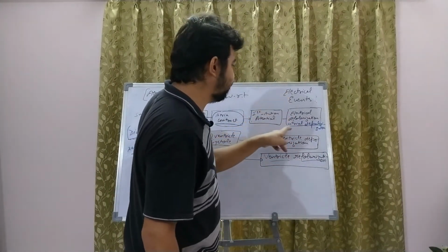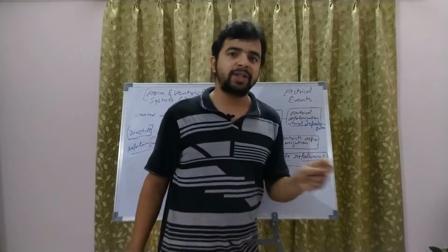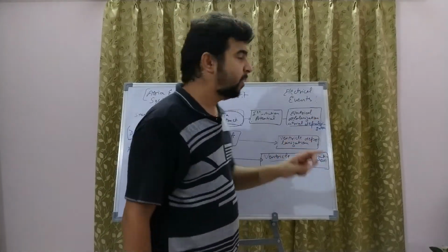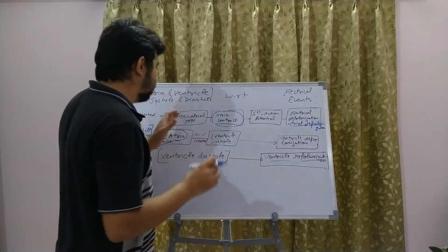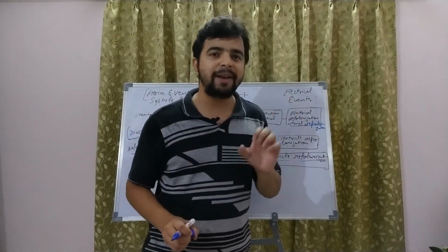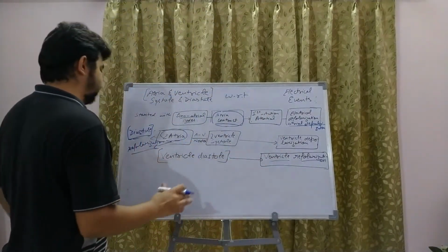So in the electrical event, the first atrial contraction is known as atrial depolarization, or the first action potential generated, and all of this happens due to the cardiac muscle fibers, which are responsible for this activity of the cardiac cycle.